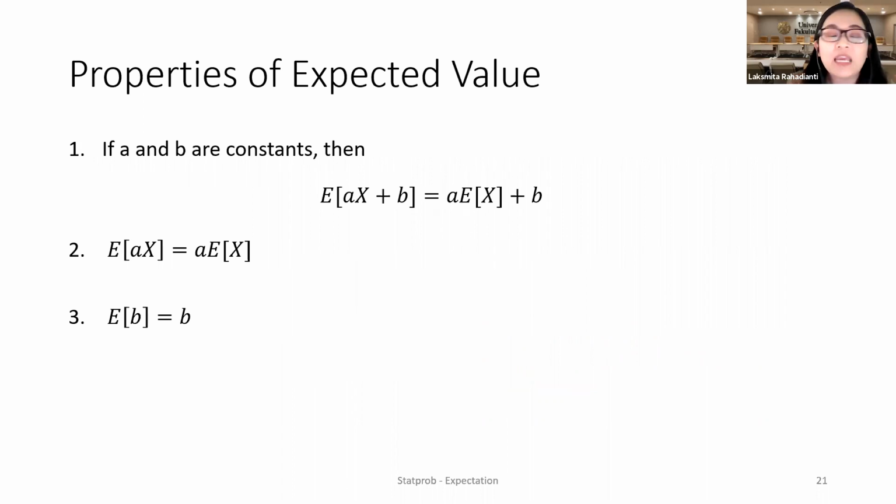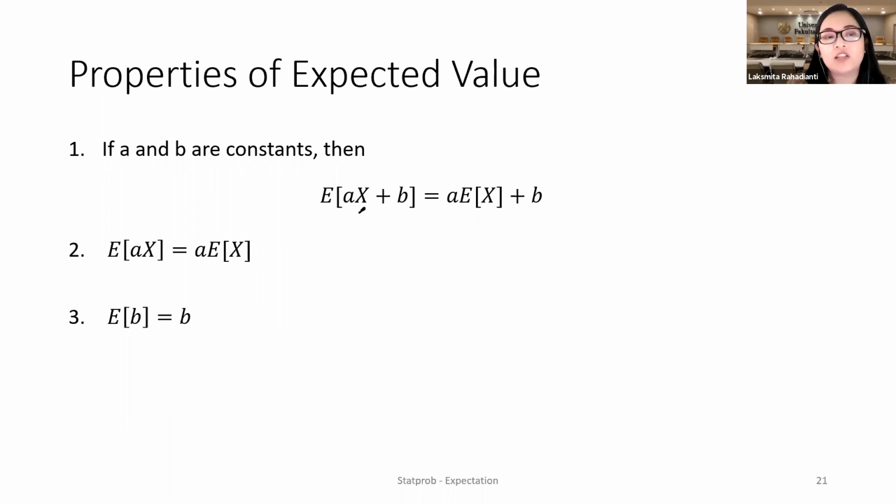Since we already have these values, there are some properties that they must fulfill, and we can use them in order to manipulate the expectation values. Like in this case, you guys have taken linear algebra, right? So we know that the linear combination of expected values of random variables can be extracted as such.